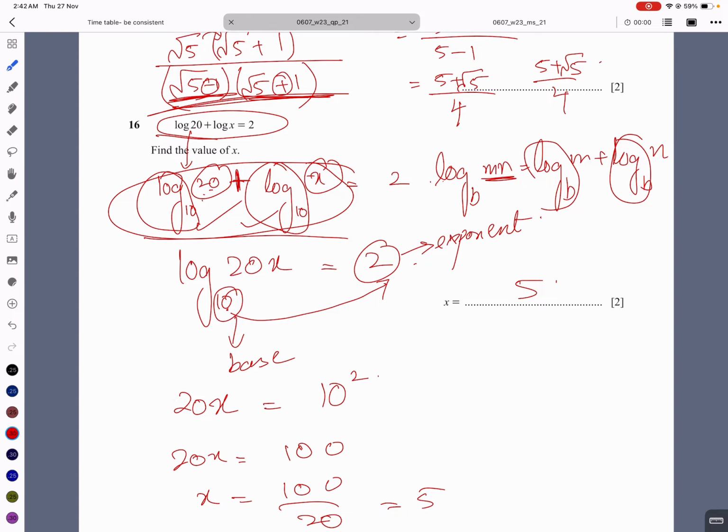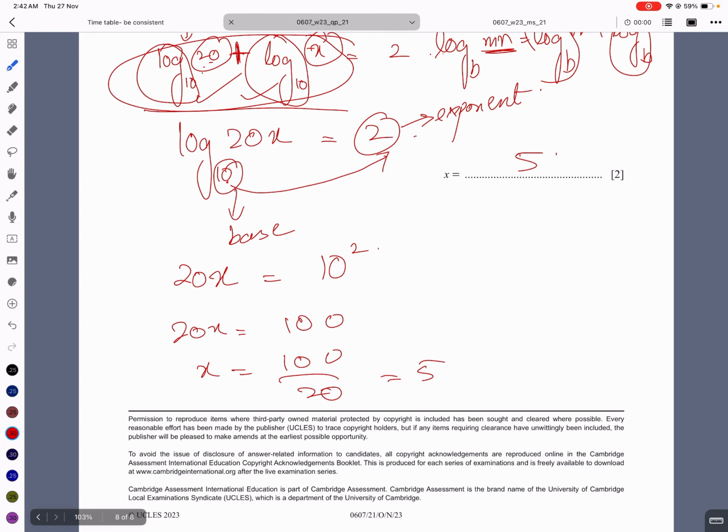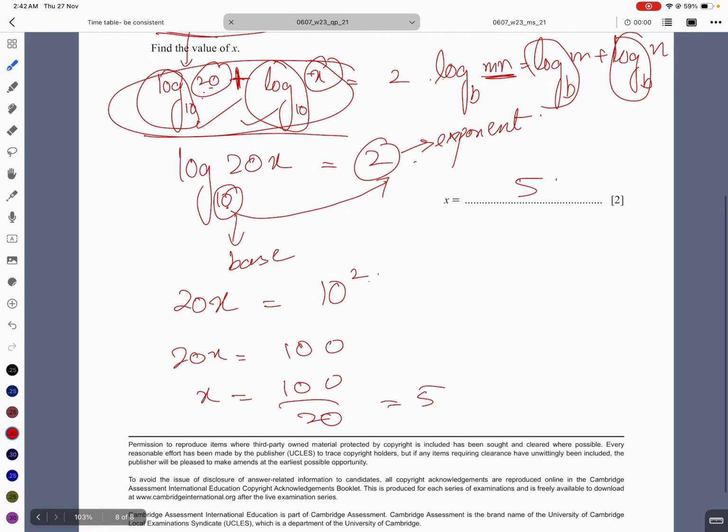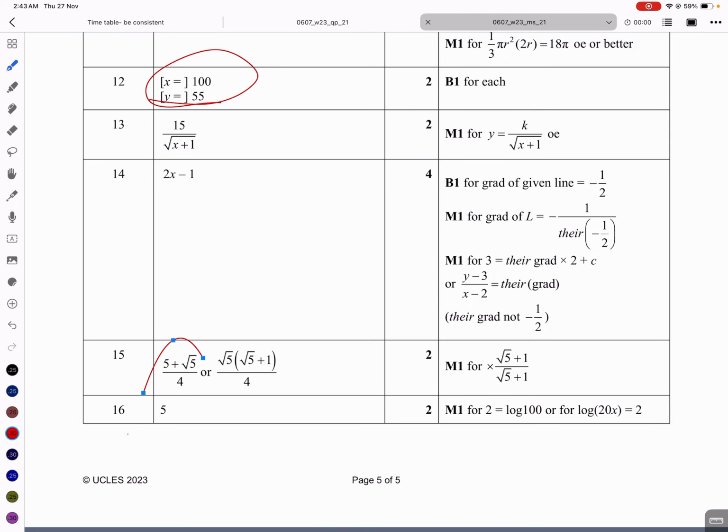Then there is another rule of log that applies on this step. This rule is called the power rule. So this rule will apply and you will get the answer. You can check the answer is right.